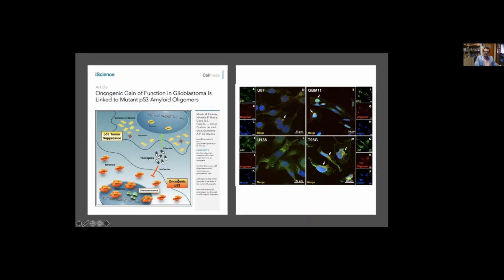And in this paper, developed with different people in the group, including Guilherme de Oliveira and Murilo, who was a graduate student and is now a postdoc, we're particularly interested in this mutation because it causes a gain of function.